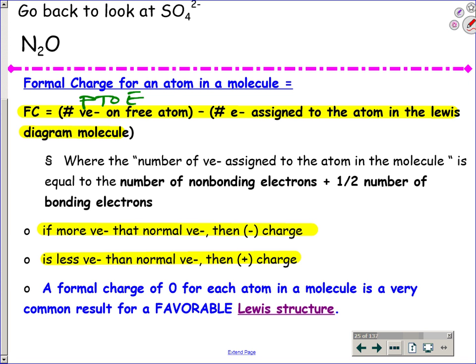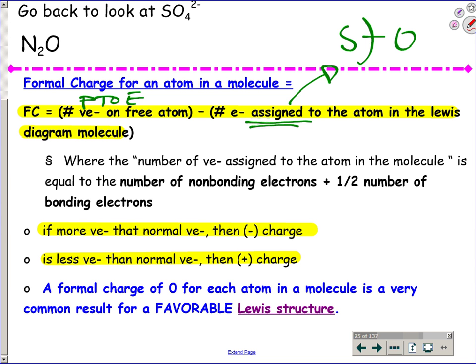And you would subtract that from the number of electrons you have assigned it in your structure, in your Lewis dot diagram. Now the word assigned I've defined down here, but essentially in a bond, like an S to O bond, the number I have assigned to sulfur is half of that bond.